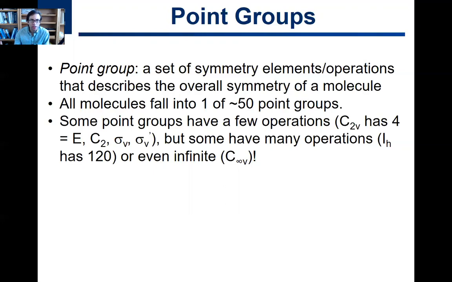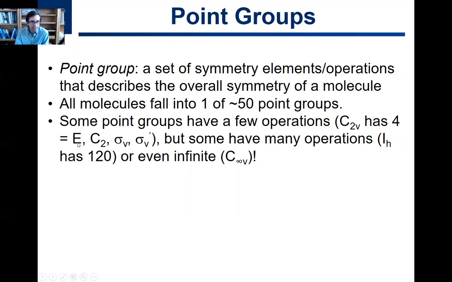Point groups really range in how big they are, basically how many symmetry elements are in the point group. Some have very few operations, right? So a point group that is called C2V, for example. We'll go over that nomenclature in a little bit here, but that only has 4 symmetry elements.